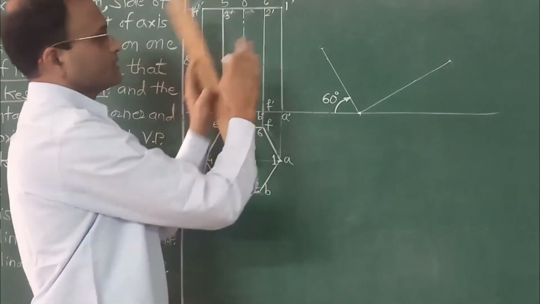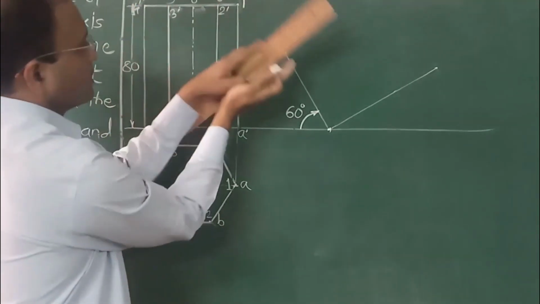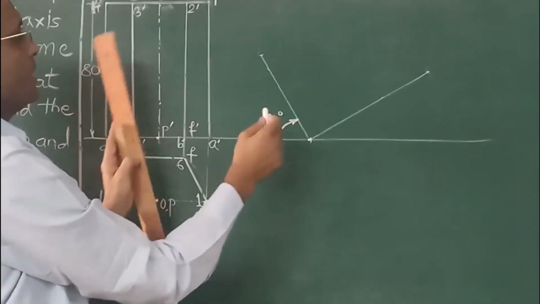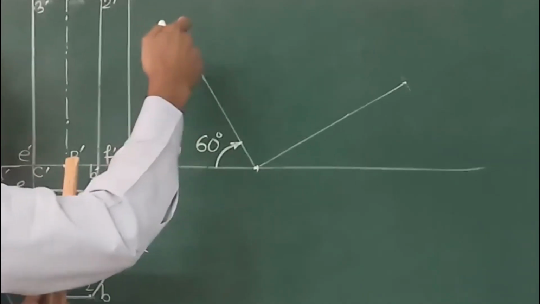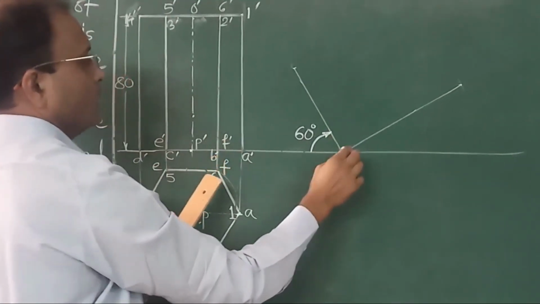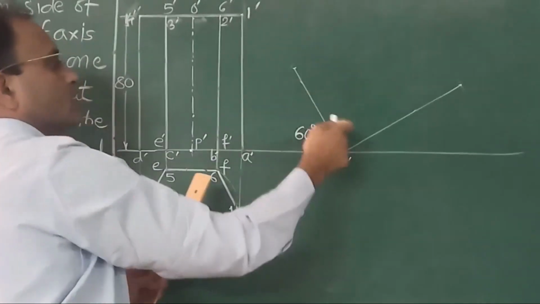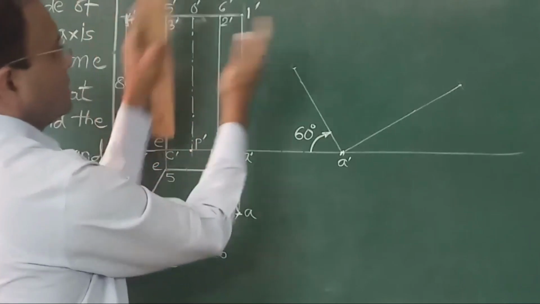Now we have to apply the first inclination. The first inclination is of the axis making 30 degrees with HP. That means when the axis makes 30 degrees, we have to draw the base at 60 degrees. So first of all take point A dash on XY and through this draw a line which makes 60 degrees with XY, and then we have to reproduce this as it is.